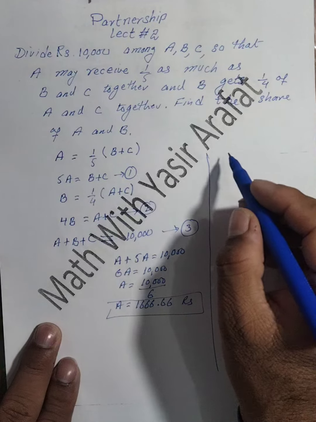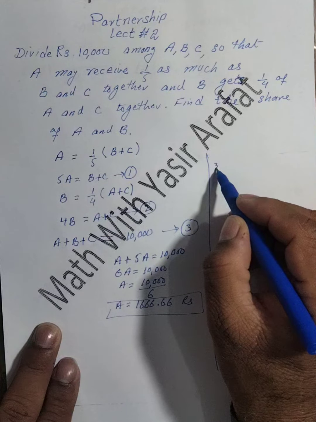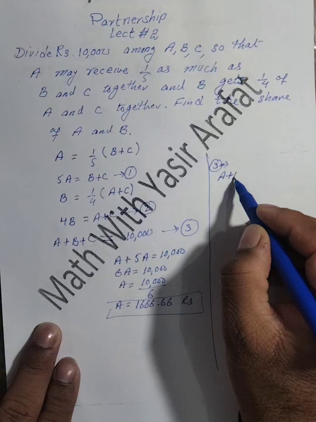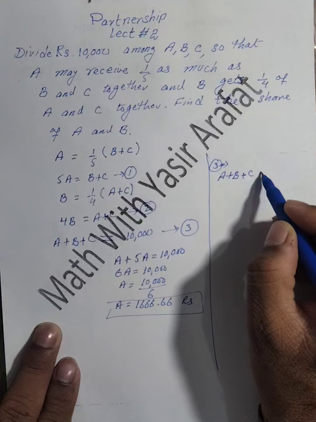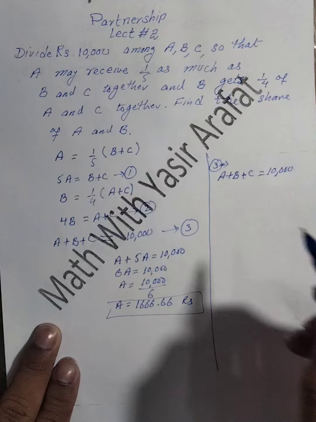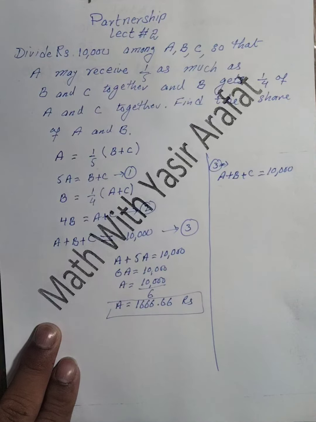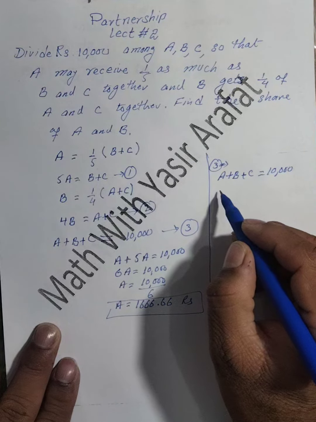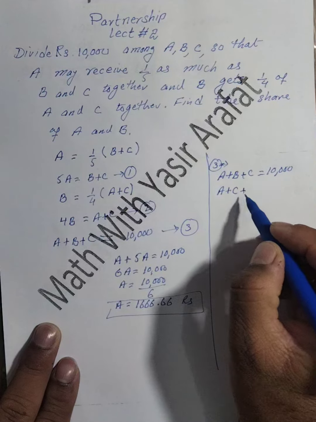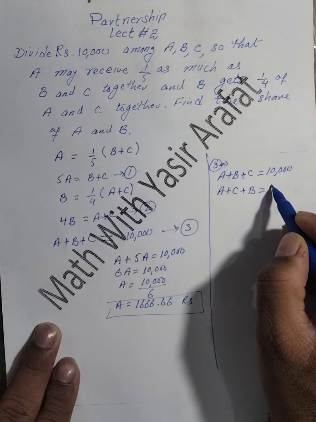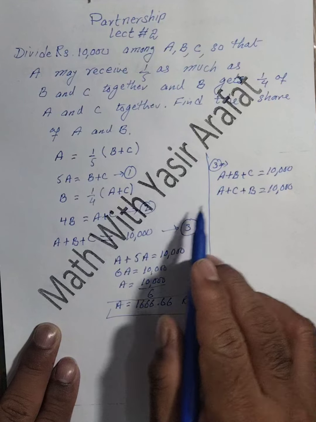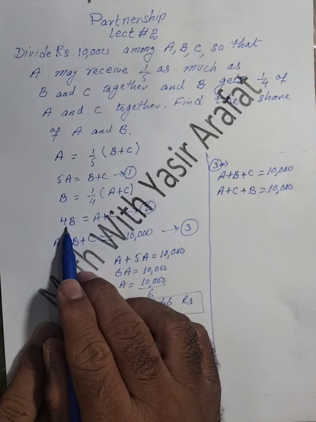Now again we have to consider equation number 3. That is A plus B plus C is equal to 10,000. So here we have to rearrange this: A plus C plus B is equal to 10,000, because A plus C in equation number 2 is equal to 4B.